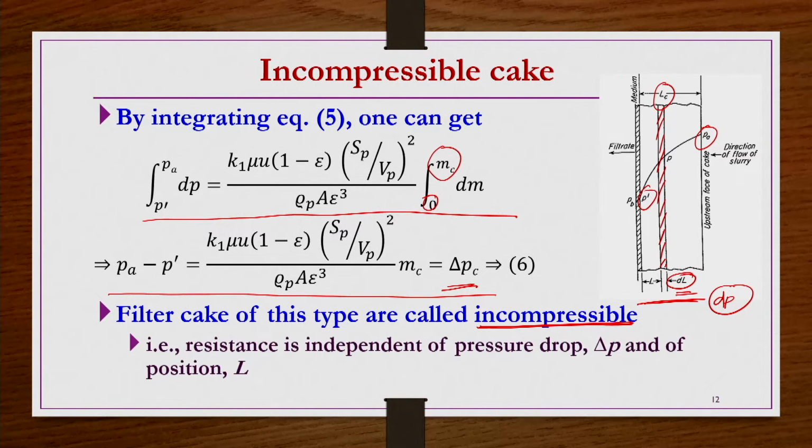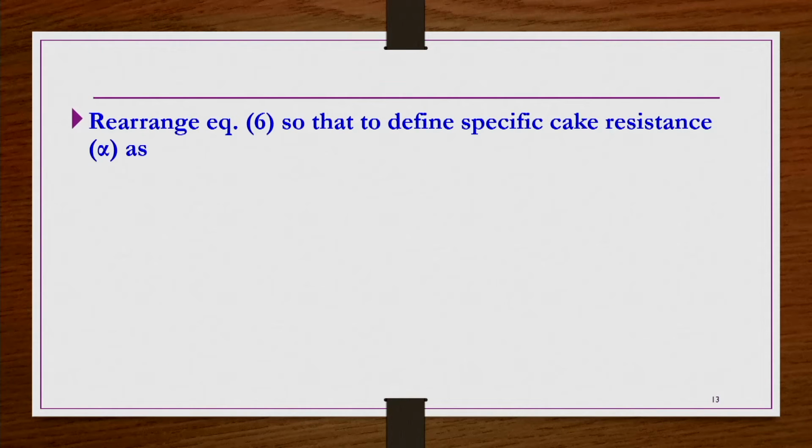That is, resistance is independent of pressure drop and of position L. In such cases, whatever cakes there are, they are called incompressible cakes. Now we rearrange equation number 6 so as to define specific cake resistance. Actually we are now coming to the position where we can develop equations for the two different resistances that we have.